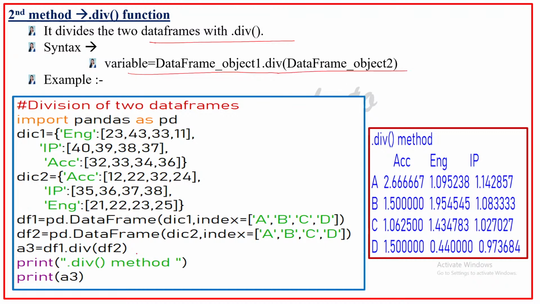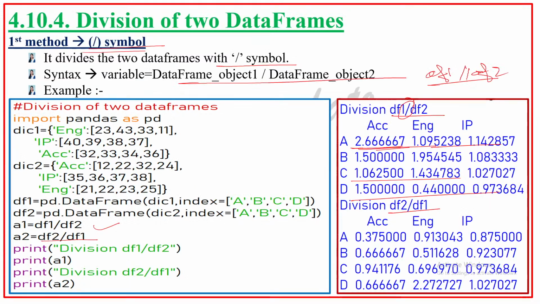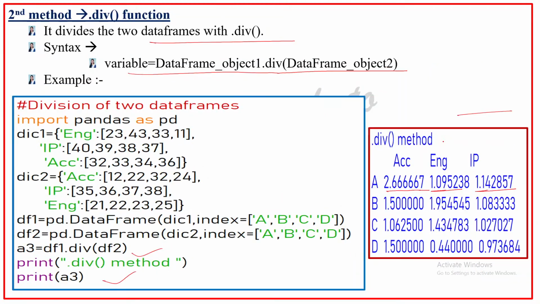Look here, the div values are .66, then 1.0, then 1.14. The first one, df1 by df2, and the division method both will display the same output. Clear?